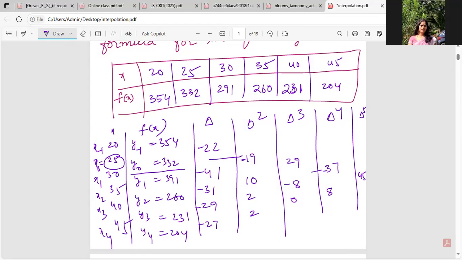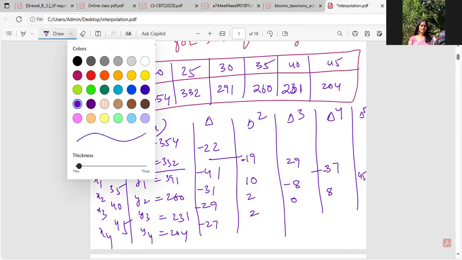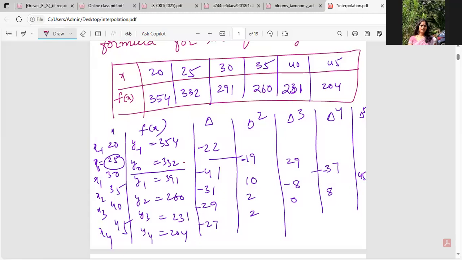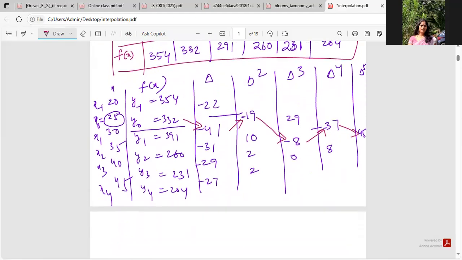So from here, if I start from y0, I'll use a different color. From y0, I will take a step forward, then backward, then forward, then backward, and then forward. It's important to write the differences exactly at the center, otherwise I will lose track.